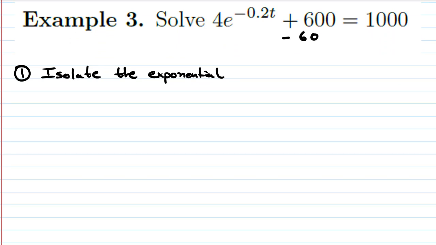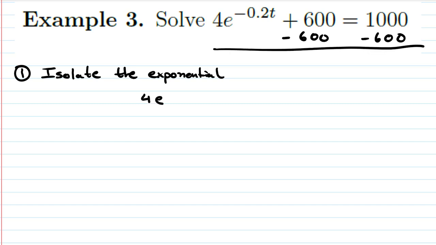So we're going to subtract 600 from both sides, and that gives us 4e to the negative 0.2t is equal to 400. We're not quite done isolating the exponential yet, so we divide both sides by 4.